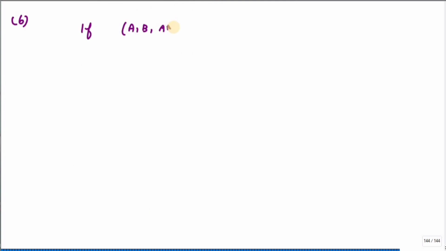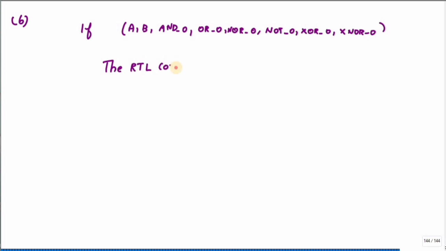So the question is, A, B are my inputs, and AND of 0, OR of 0, NOR of 0, NOT of 0, XOR 0, XNOR 0 are my outputs, right? The module I have initiated. So the RTL, register transfer logic, it contains how many gates.